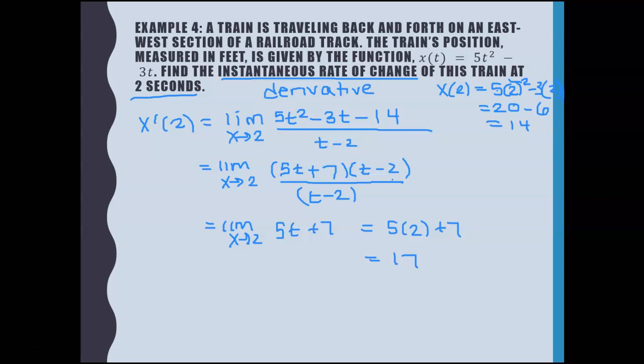Which means x prime of 2 is equal to 17 feet per second.